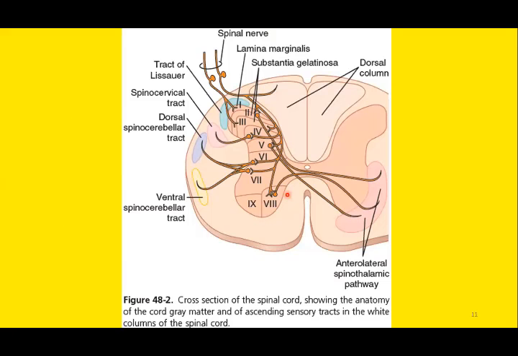Now this figure is taken from your textbook. You can see the cross section of the spinal cord. This inner, butterfly shaped region is the gray matter, enclosed within the outer white matter. And you can see the dorsal horns and the ventral horn on each side.